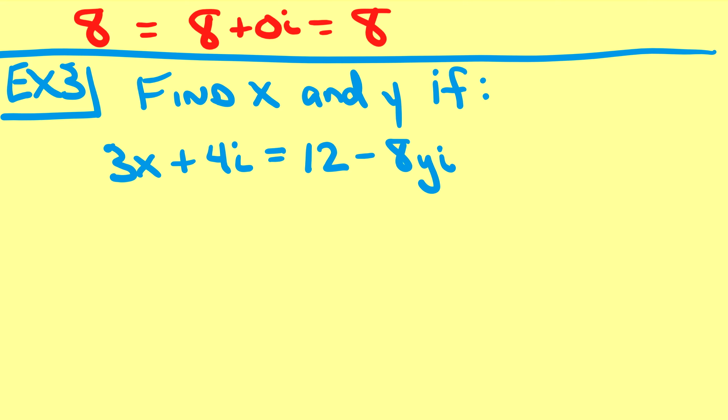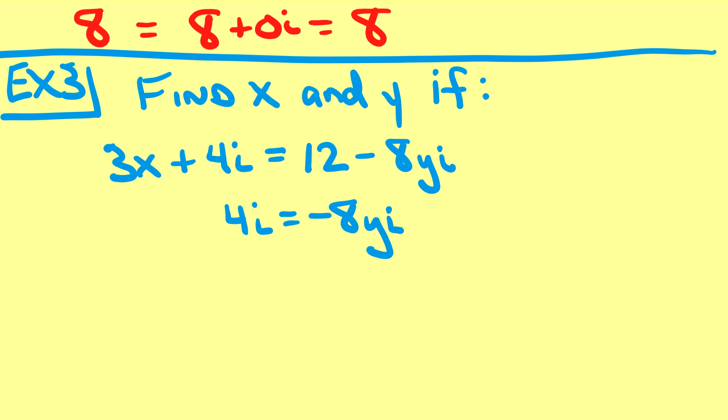I'm solving for y first, because this 8y times i has an i in it, and so does this 4. So I'm going to take these as two pairings. I'm going to write this up as 4i equals negative 8yi. And now I want to solve for y.